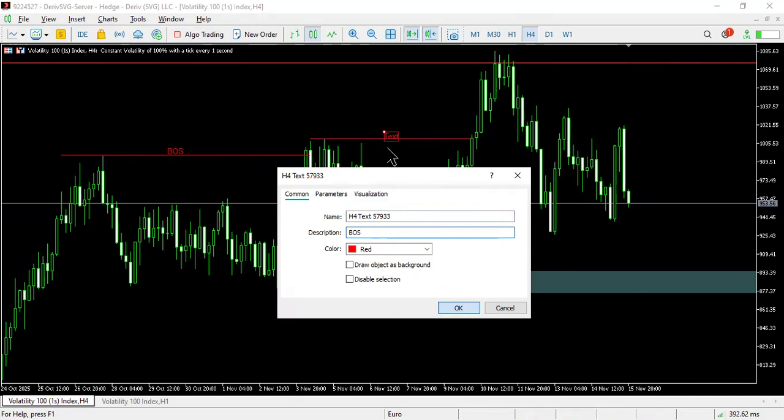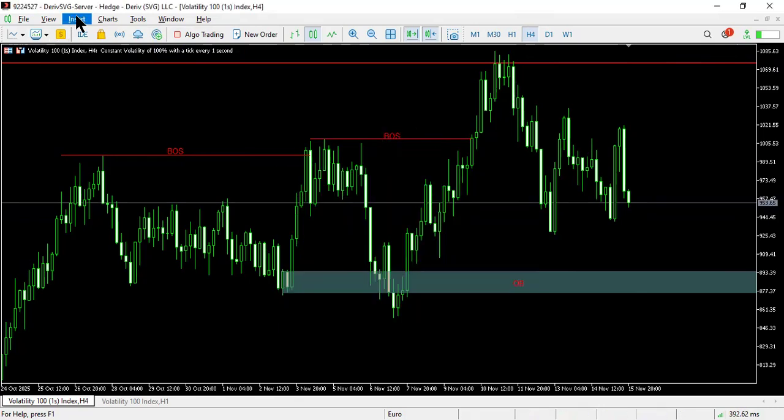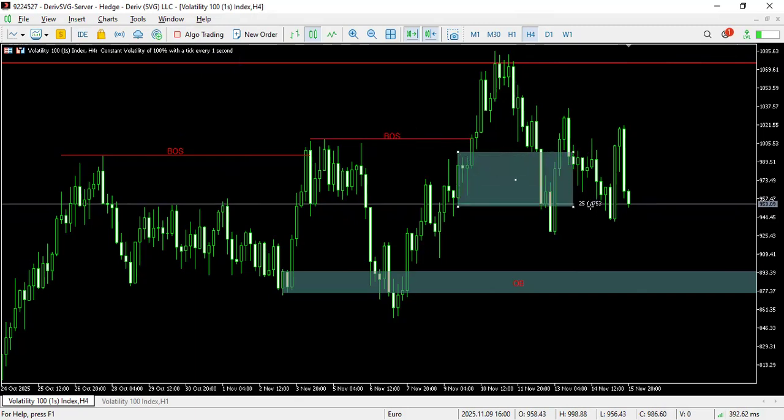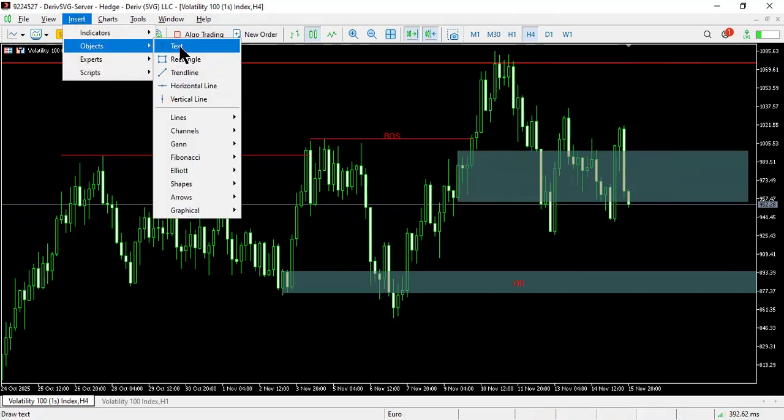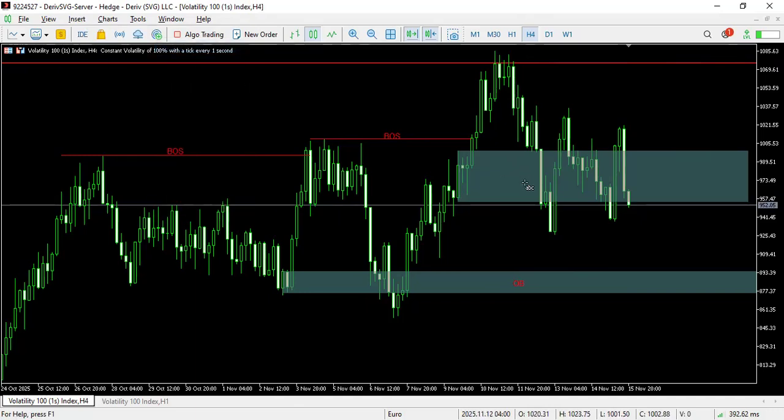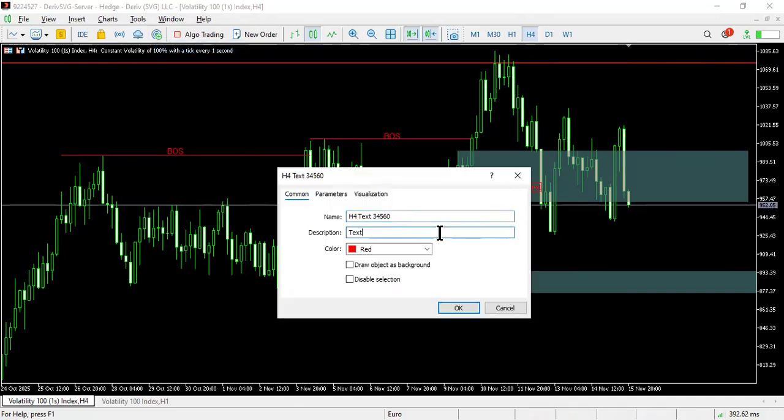That is a break of structure, and then the order block which caused that break of structure from the 4 hour time frame is that order block where price is currently reacting from.